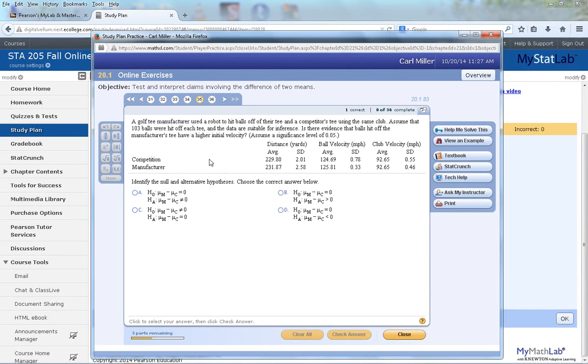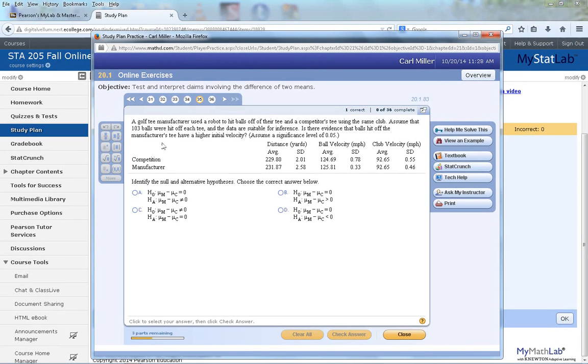So the idea is you have a robot hitting, that's going to be a consistent force striking the ball, so hopefully the only difference is going to be whether it's your tee or the competitor's tee. Assume 103 balls were hit off of each tee. The data are suitable for inference.